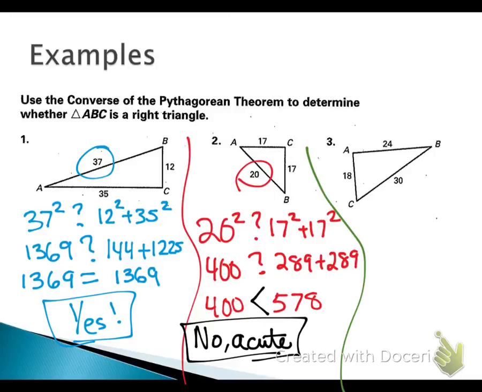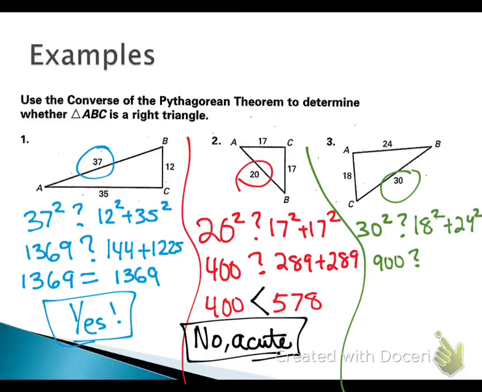All right, number 3, which one needs to go first? 30. 30 squared, question mark, 18 squared plus 24 squared. 30 squared is what? 900, good.